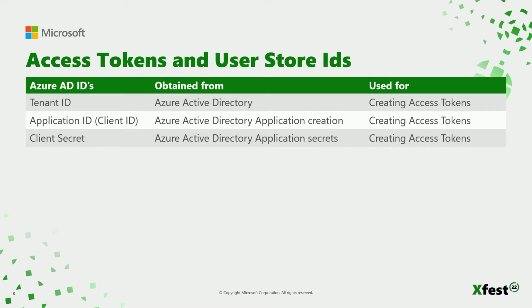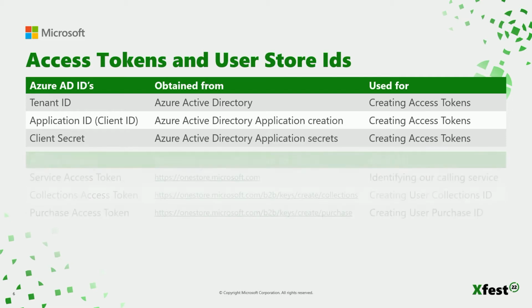To authenticate your service through this new flow, you will need to generate a set of access tokens and user store IDs. The access tokens are generated by the combination of your tenant ID, application ID, and client secret from the Azure Active Directory portal.